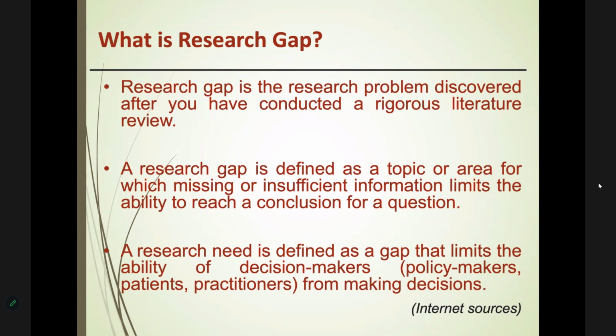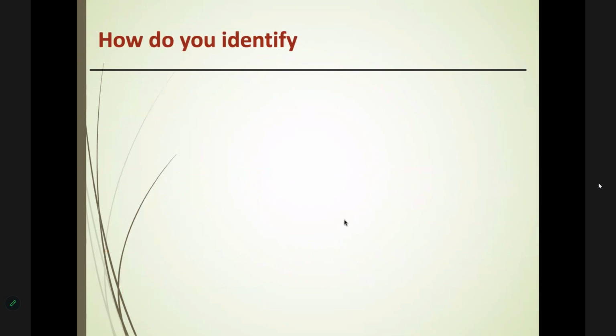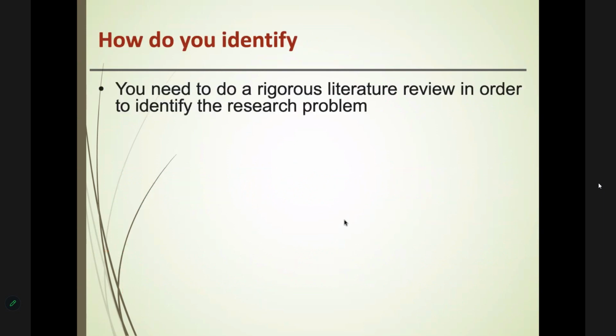But how do you identify that? Because you can say, okay, there is a problem, but how do you know that it is not addressed fully? Or how do you know whether it is partly addressed, but still the problem exists? So you should know how to identify your gap, right? For that, you need to do a rigorous literature review in order to identify the problem.